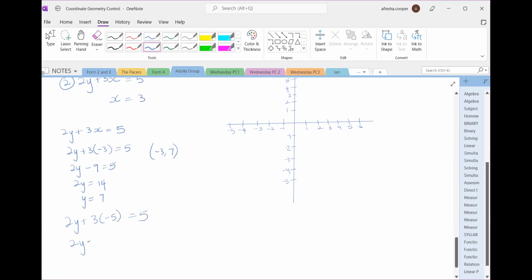That's 2y minus 15 is equal to 5. 2y is equal to 15 plus 5, which is 20. And y is equal to 10. So our coordinate is -5, 10.